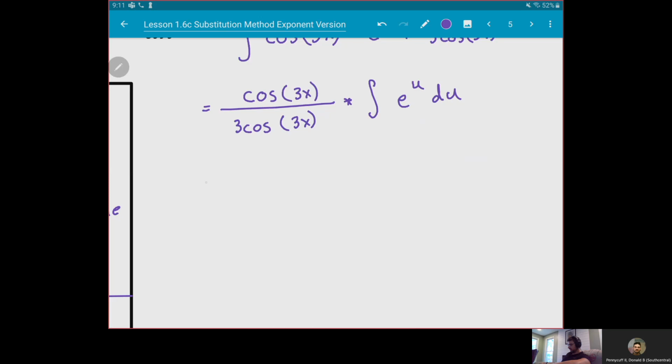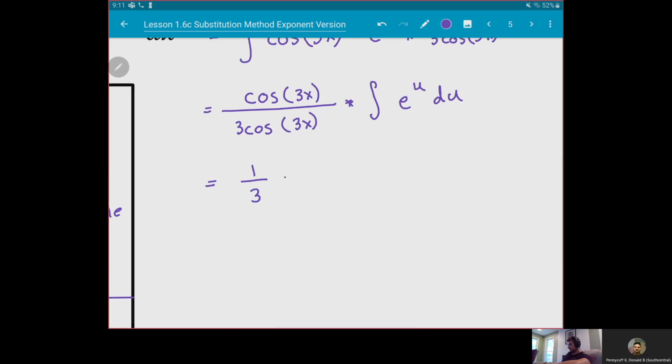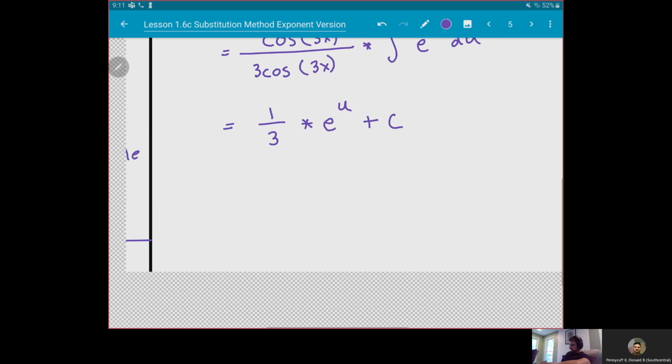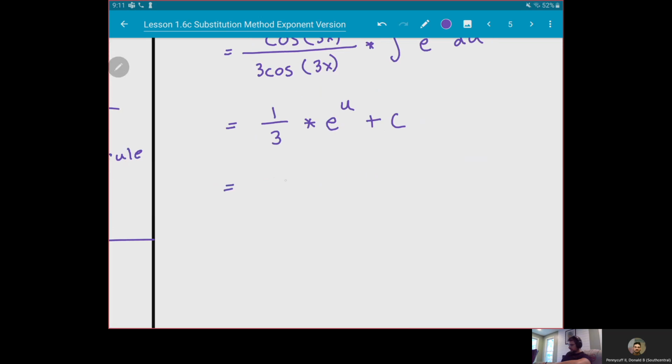The cosines are going to cancel out, so that's going to be 1 over 3. And I already know that the integral of e to the u is e to the u plus c. Now I can plug everything back in, and that gives me 1/3 e to the sine 3x plus c.